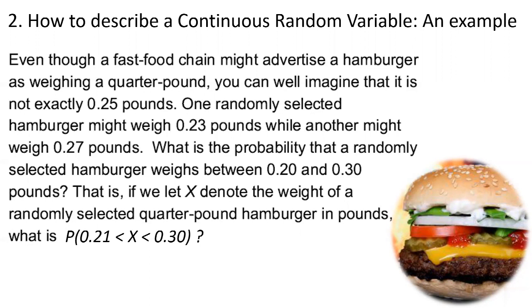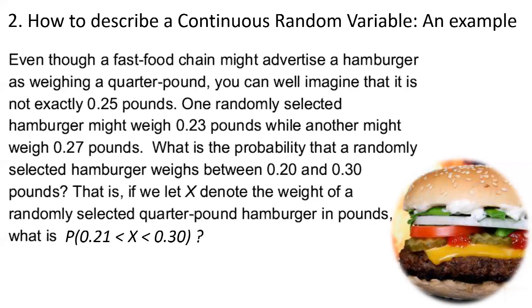That is, if we let X denote the weight of a randomly selected quarter-pound hamburger in pounds, what is the probability that X lies in the interval between 0.20 and 0.30? So here, the random variable X is the weight of a randomly selected quarter-pound hamburger, and X is a continuous random variable because weight is commonly regarded as continuous.